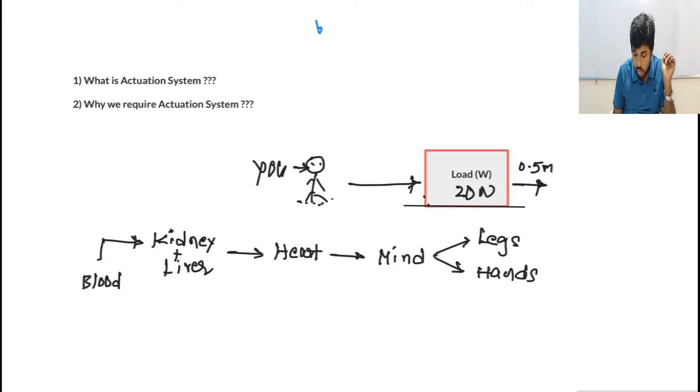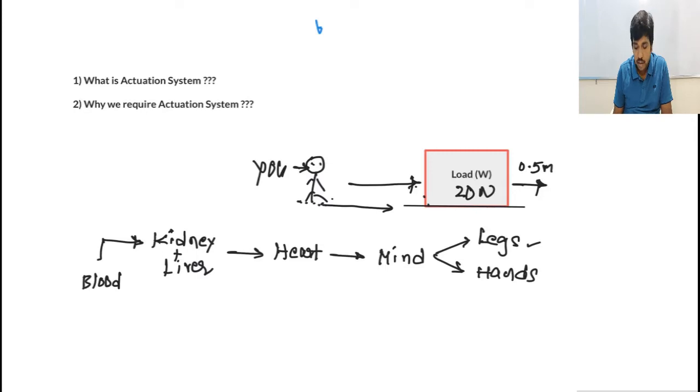Once the legs get the blood from the heart, you are able to run or walk up to this load, and then the mind will channelize the liquid to the hands, and then you are able to push the load. This is exactly what happens.